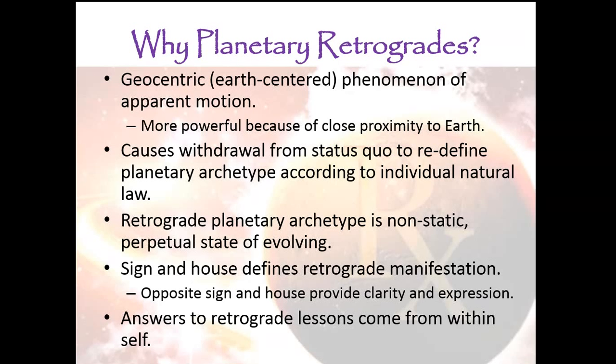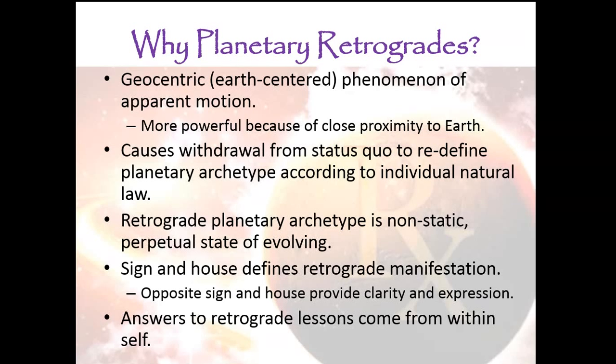So when a planet is retrograde, it's non-static. There's a review, re-evaluation, all the re-words you hear with retrogrades. In other words, when a planet is retrograde, either for a lifetime natally or by transit for all of us during the transit, that planetary archetype is in a perpetual state of redefinement. It's evolving.